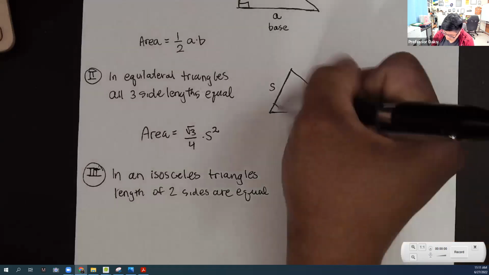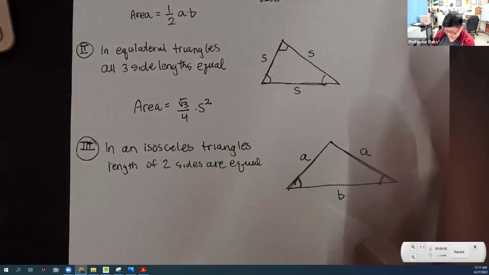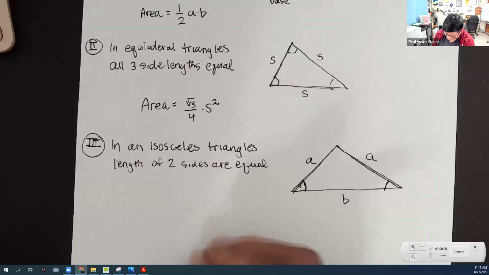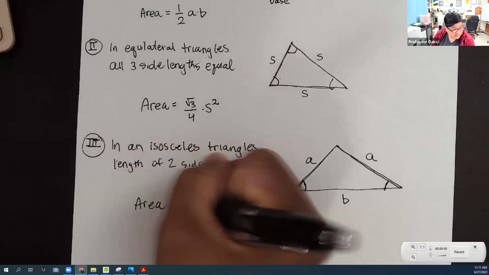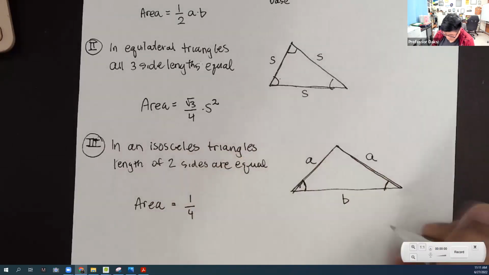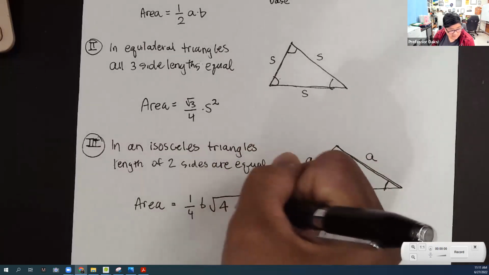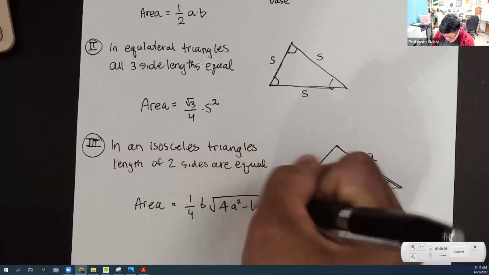Of course, an equilateral triangle has all 3 sides and all 3 angles equal. But in an isosceles triangle, the area is 1/4 times the base B times the square root of 4 times A squared minus B squared.